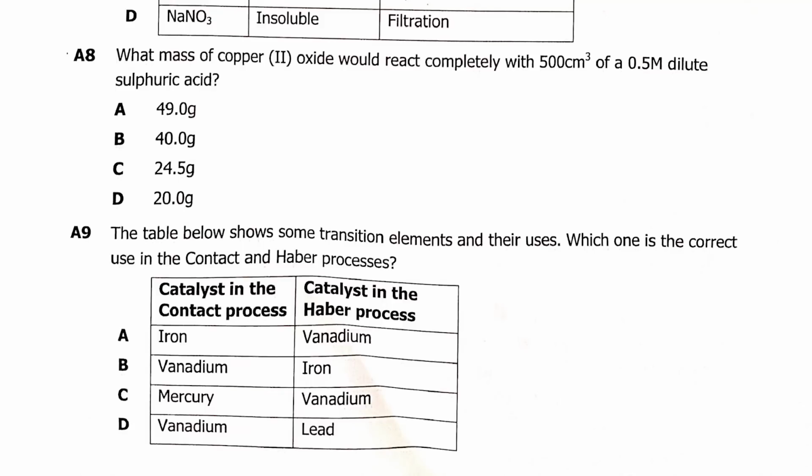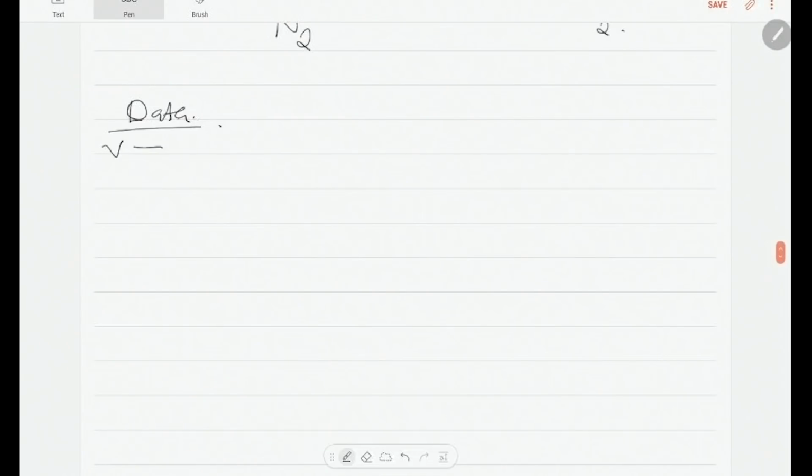So we are looking for mass, but what have we been given? Let's take our data. We've been given the volume, which is equal to 500 centimeters cubed. What else have we been given? We have concentration, which is equal to 0.5 molarity, okay?